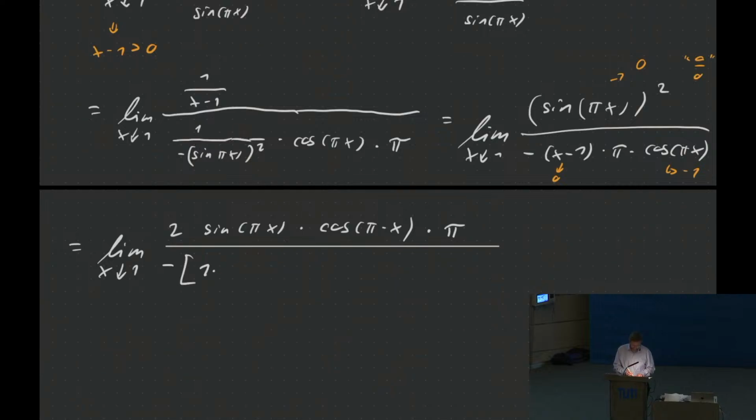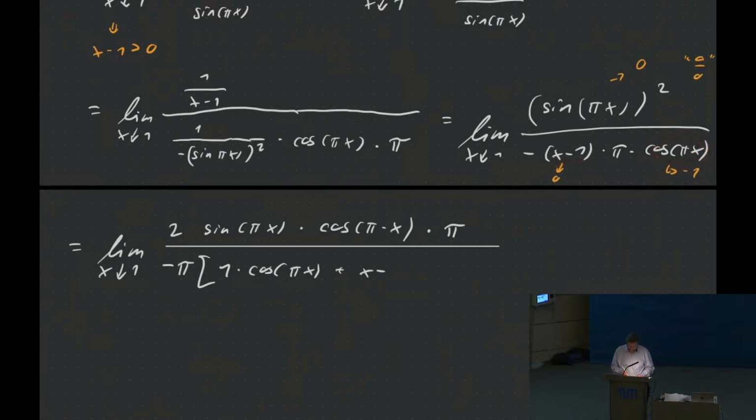Let's maybe take the pi out to make things a little easier. Just a second. So like that. So differentiating x minus 1 yields a 1. So we have 1 times cosine pi x. And then we differentiate this expression and we keep x minus 1.